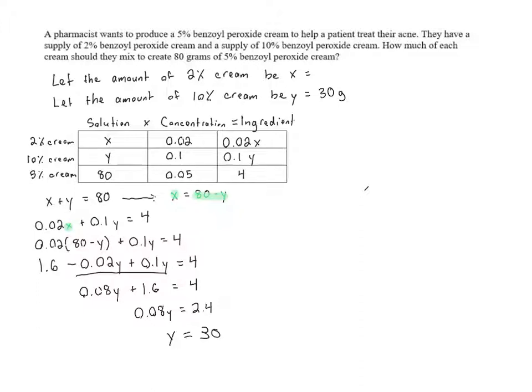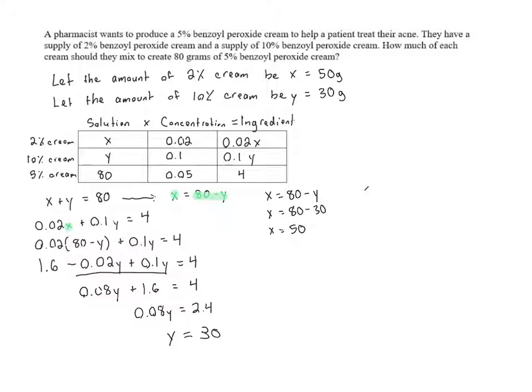If 30 grams are of the 10% cream, that means that the other 50 grams, 80 minus 30 is 50, have to be of the 2% cream. We can also find this via substitution. X is 80 minus y, but we solved for y. Y is 30, so we have 80 minus 30, and 80 minus 30 is 50.